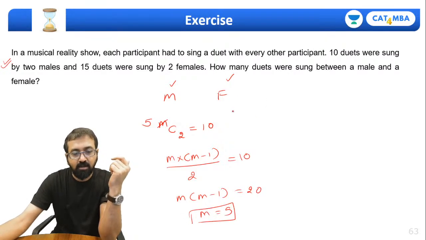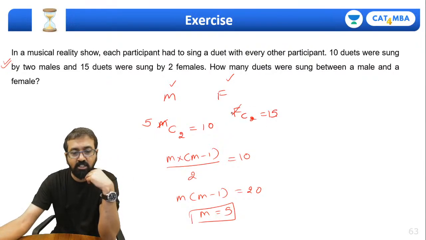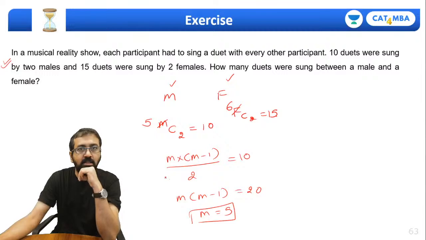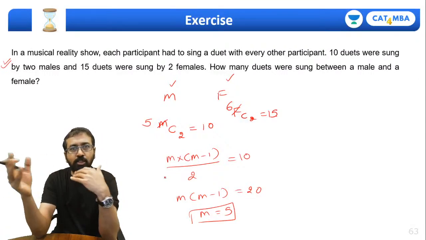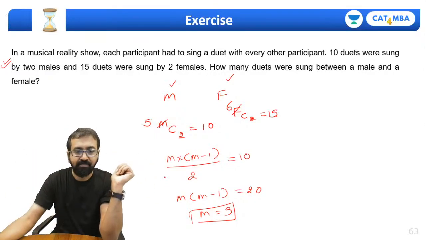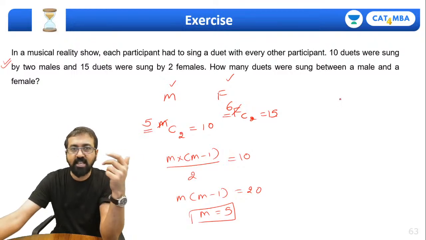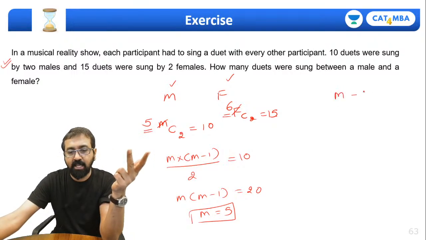Same way, for females FC2 is given as 15. Of course, if I'm good at calculation, I can straight away make out it has to be 6. 6C2 is 15. We have been using this 4C2, 5C2, 6C2 very frequently in plenty of questions, right? So I got 5 males and 6 females. So how many duets can be sung between male and female? Male can be chosen in 5 ways and female can be chosen in 6 ways.